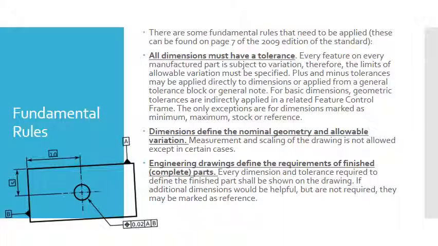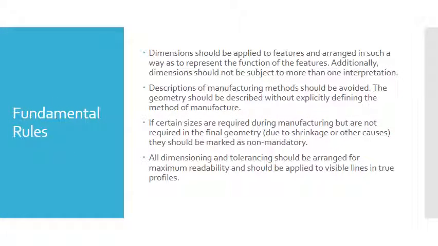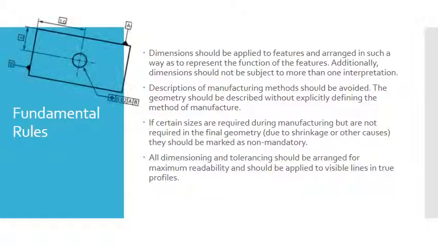If additional dimensions would be helpful, but are not required, they may be marked as reference. Dimensions should be applied to features and arranged in such a way as to represent the function of the features. Additionally, dimensions should not be subject to more than one interpretation.